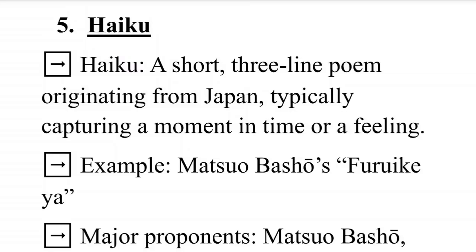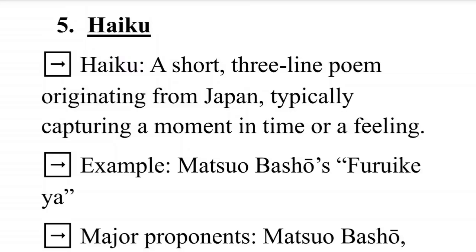Yes, haiku originated in which country or in which literature? And the options are Japan, that is Japanese literature, American literature, English literature, Scotland. And the answer is Japanese literature or Japan.